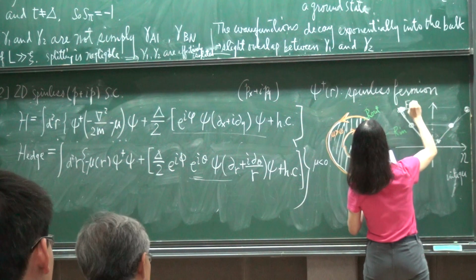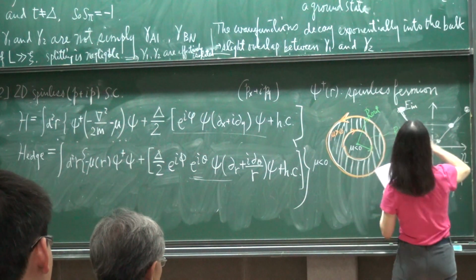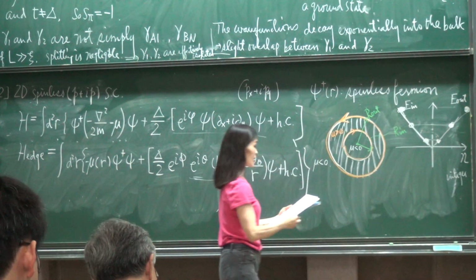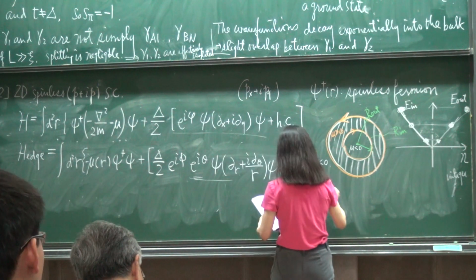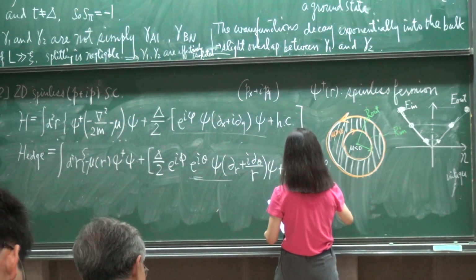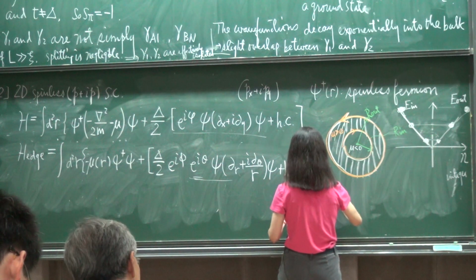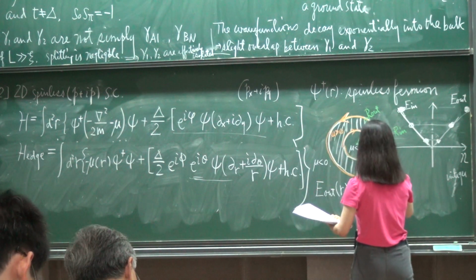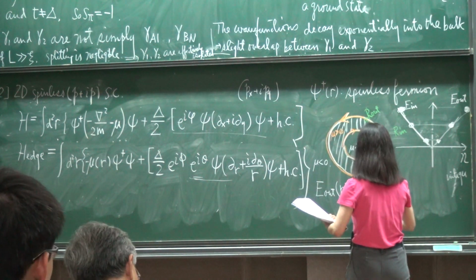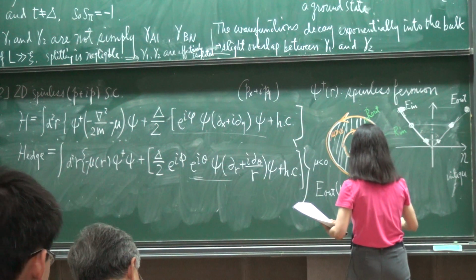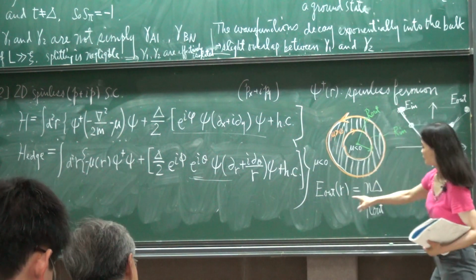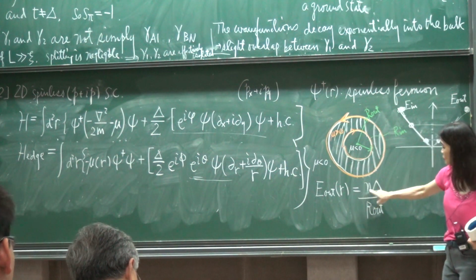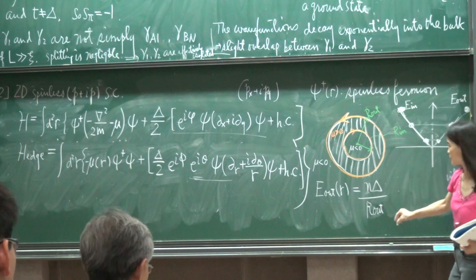And this is E, the energy spectrum for the internal part, and this is for E out. You will actually have this discretized energy spectrum. So if I write my wave function, E out is. I'm sorry, this part I'm not proving. I don't have time to prove it. But this is the solution. Your energy spectrum for the outside will actually be related to an integer times the superconducting gap over the radius.